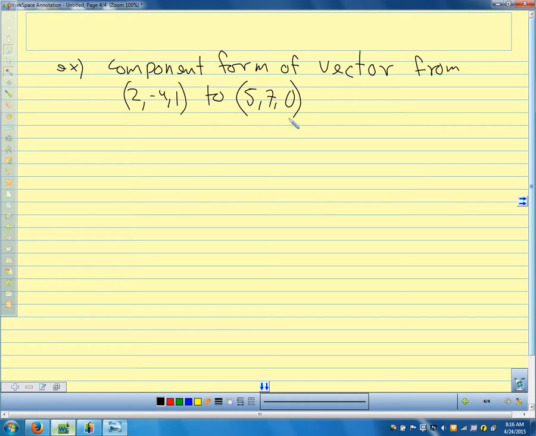So what are we going to do here? Terminal minus initial. That's how we find our component form.